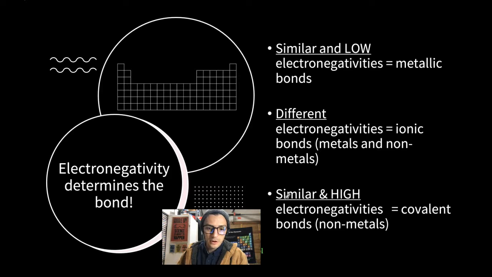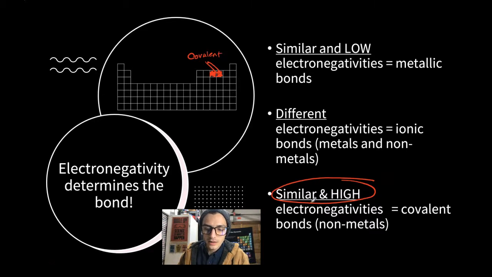We've addressed that before. What if we have similar electronegativity values and they're both high? So what if I took oxygen right here, or actually it's hard for me to look at this. How about, I think that's nitrogen and oxygen. Yeah, that'll work. So these 2 boxes, anyway, if I bonded those together, I'm going to get a covalent bond.